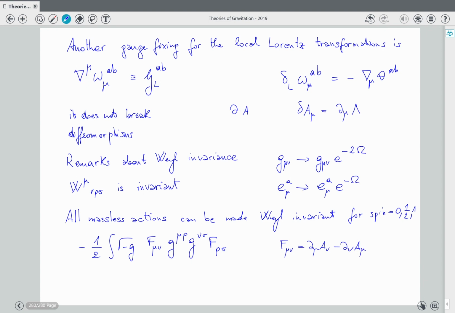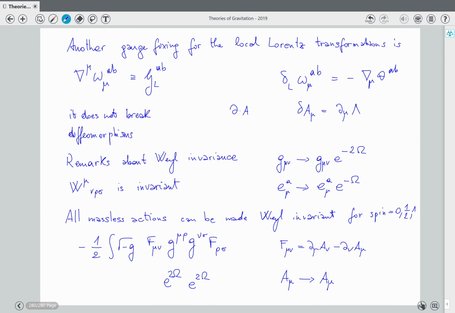We have to supplement the transformation rule with the transformation rule for the matter field, and we are free to choose any transformation rule we want as long as it makes the theory invariant if it exists, and in this case it is no transformation at all. Because if F mu nu does not transform, you see that G inverse takes a factor e to the 2 omega, G inverse takes e to the 2 omega, and what about the square root of G?